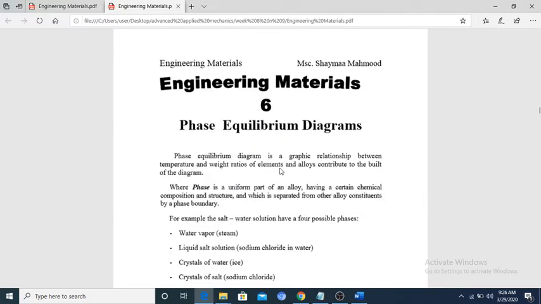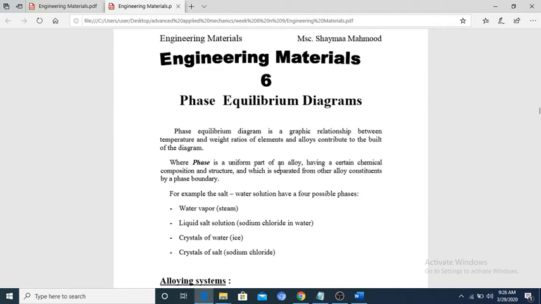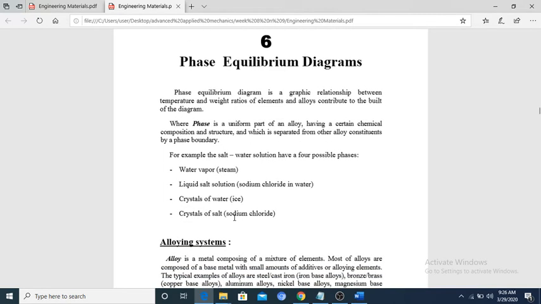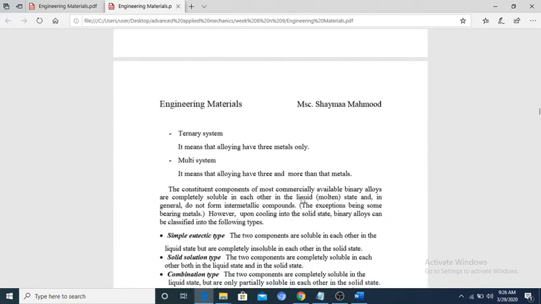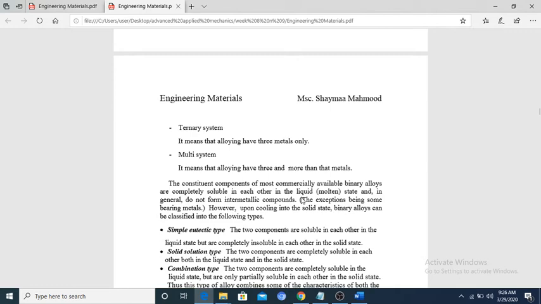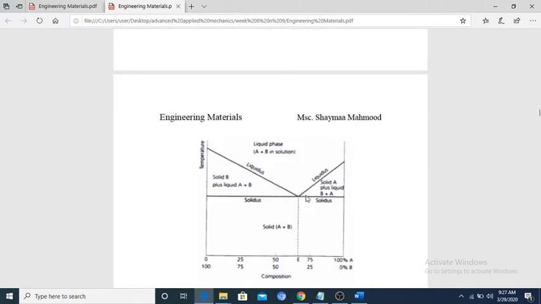So for the equilibrium diagram, we have a few phases. For this, the possible phases are water vapor, steam, liquid salt solution, crystals of water, and also crystals of salt. So for alloying systems, there are many types of alloys: the binary system, which means they have 2 metals only, the ternary system, and the multi-component system.